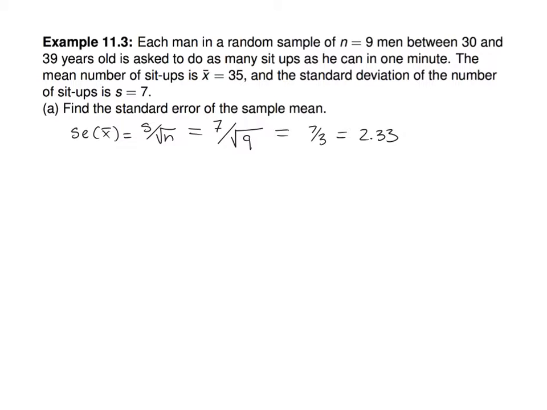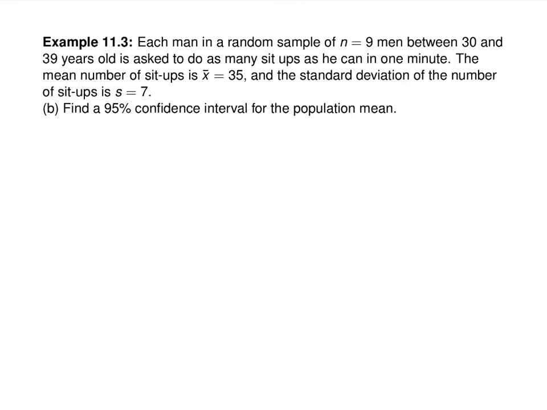All right. Part B says to find the confidence interval for the population mean. So this will be x bar plus or minus your multiplier, which is T star, times standard error of x bar. You know what x bar is, right? You know what standard error of x bar is, right?